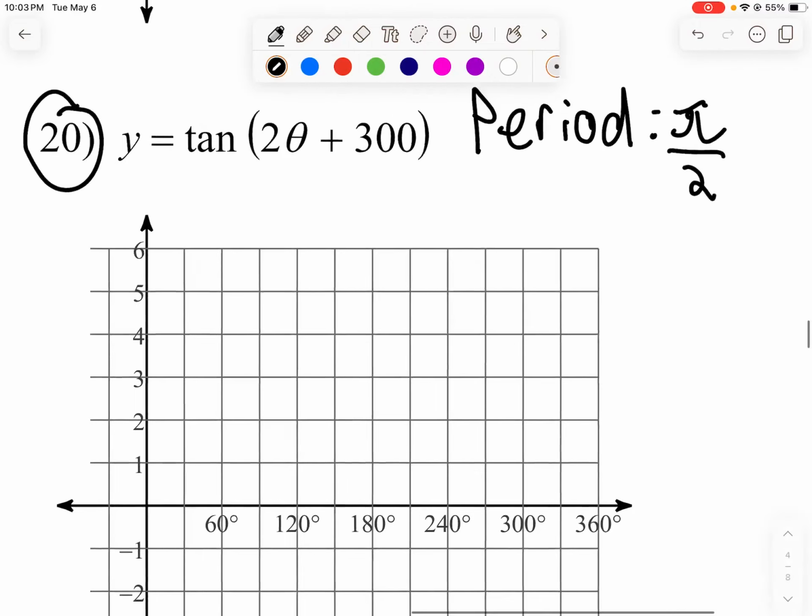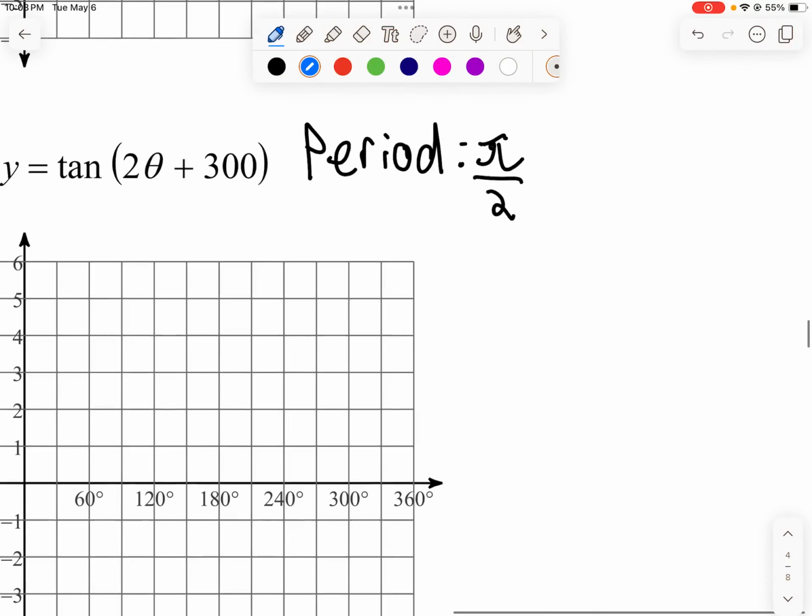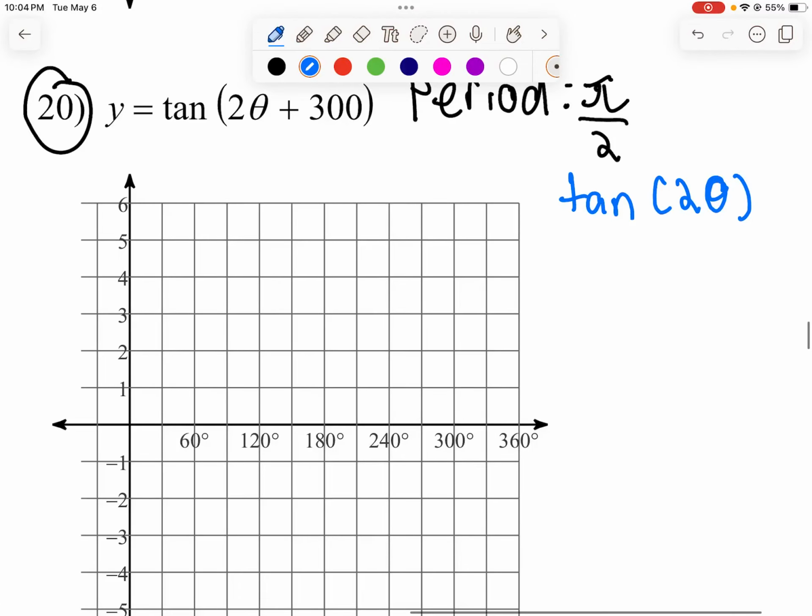So I'm going to use blue again, just to show the base of tangent 2 theta. I have one at 90, so like 0, 90, 180. Whoa, slow down. 90, no, I take it back. 180, 270, 360.